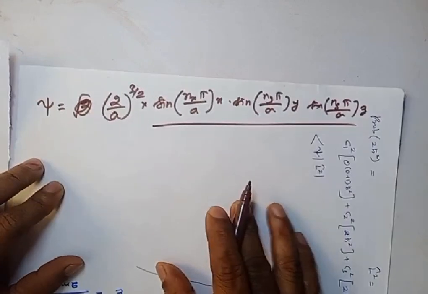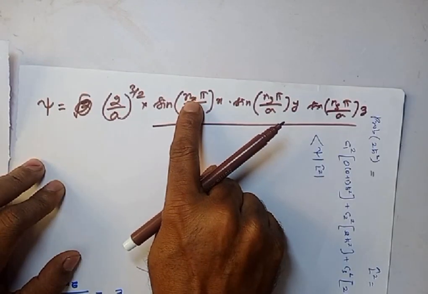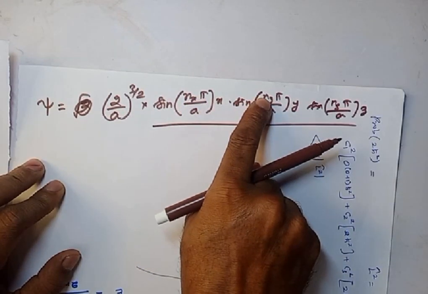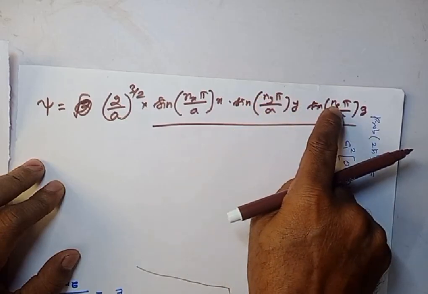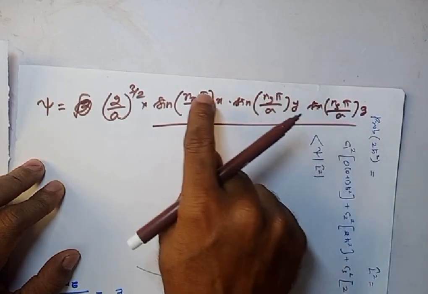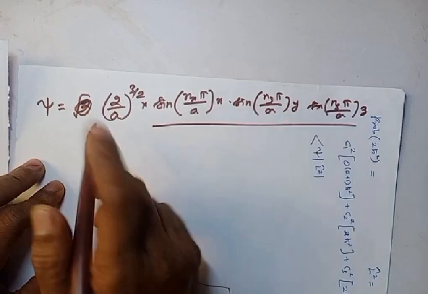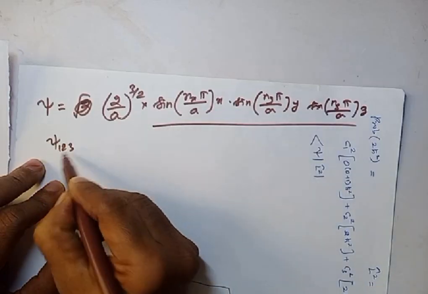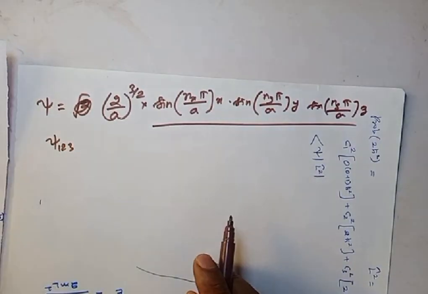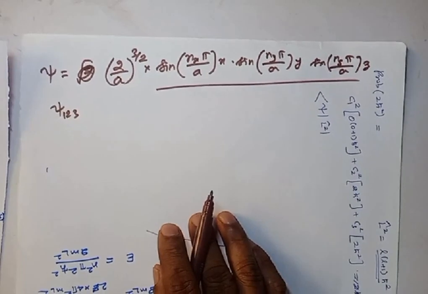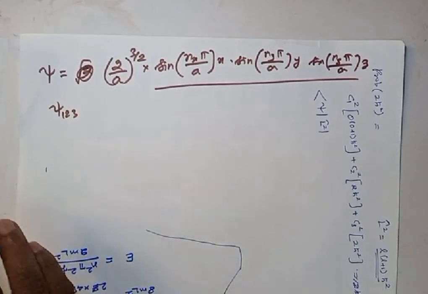Now in the place of nx you put 1, ny you put 2, nz you put 3. If you put 1 here, 2 here, 3 here, then it is the psi 1, 2, 3 state. But 6 different possibilities are there, so we have to check which is correct here.